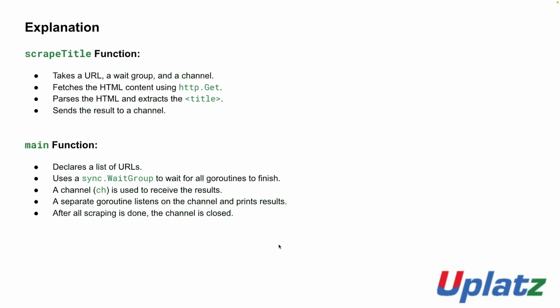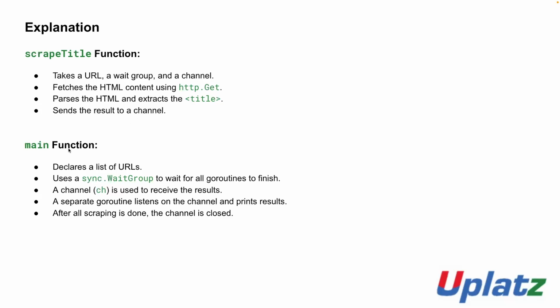So next is the explanation. The scrapeTitle function takes a URL, a wait group, and a channel, fetches the HTML content using http.Get, then parses the HTML and extracts the title, and sends the result to a channel.